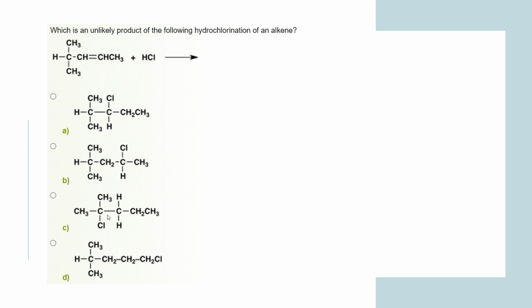So like this, we have found that A, B and C are possible to be formed in this hydrochlorination of alkene reaction. But D cannot be formed by any of these cases.